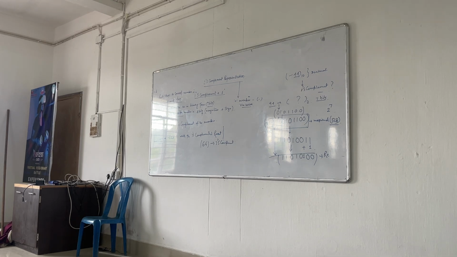What have you got, quickly tell me. Two's complement, 1 1 6 0. All of you are getting 1 1 6 0 as the end result after doing two's complement.